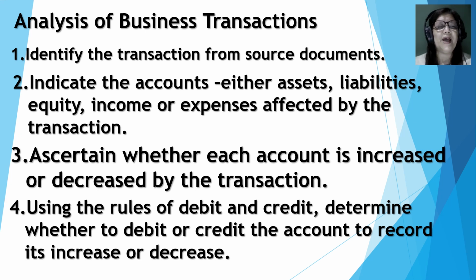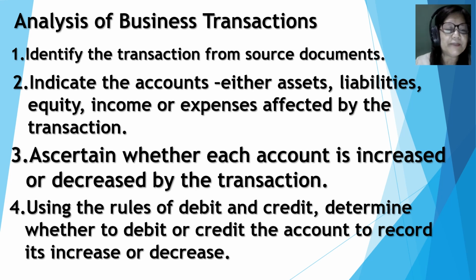Number one, we are going to identify the transaction from source documents. Number two, indicate the accounts, either assets, liabilities, equity, income, or expenses affected by the transaction. Number three, ascertain whether its account is increased or decreased by the transaction.